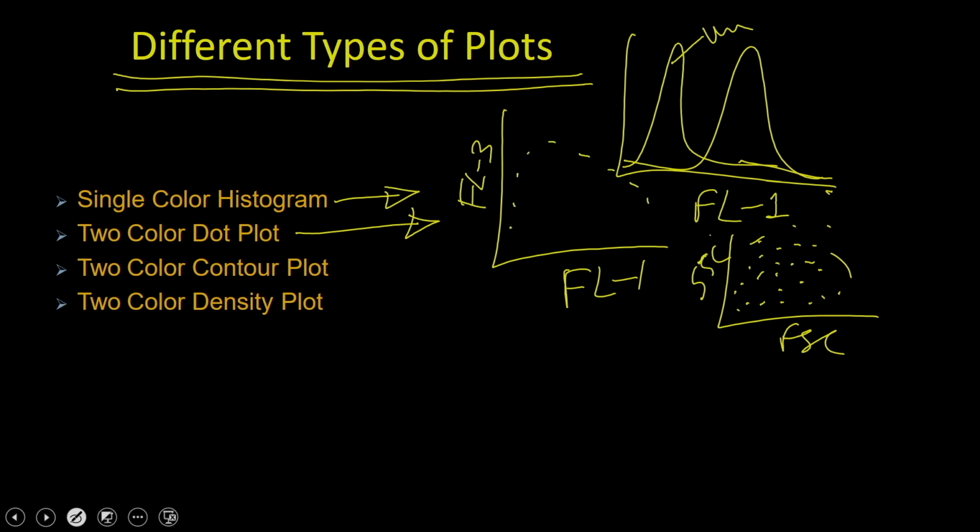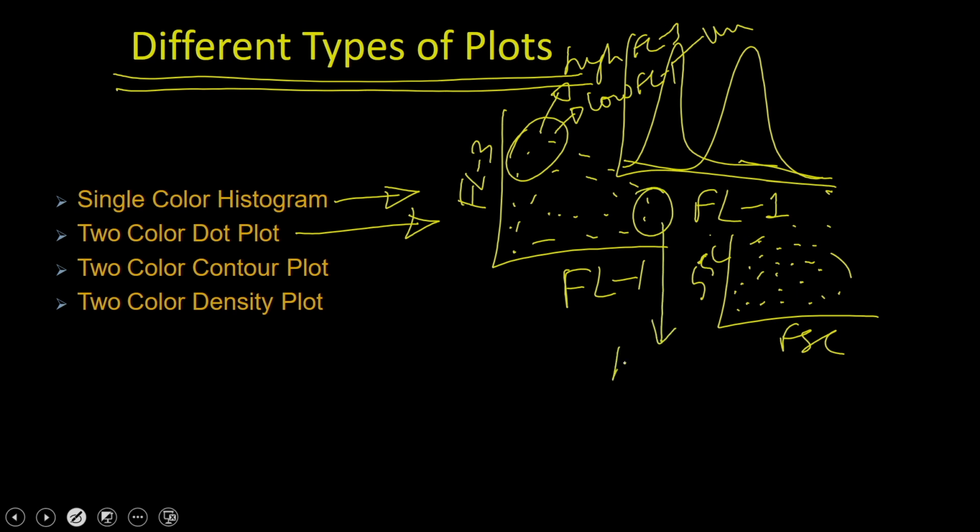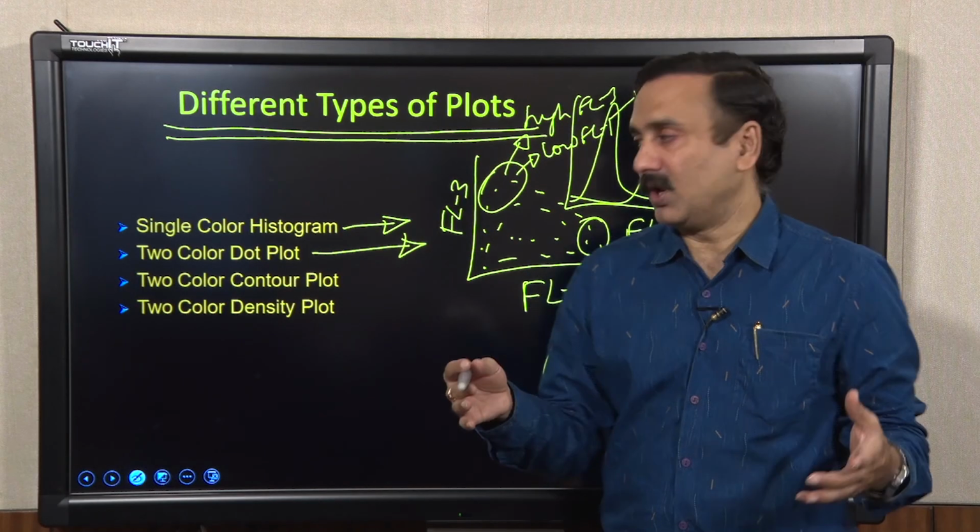The distribution will say that the cells present on this side are high in FL3 and low in FL1, whereas the cells present here are high in FL1 and low in FL3. That is the purpose of having a two color dot plot.